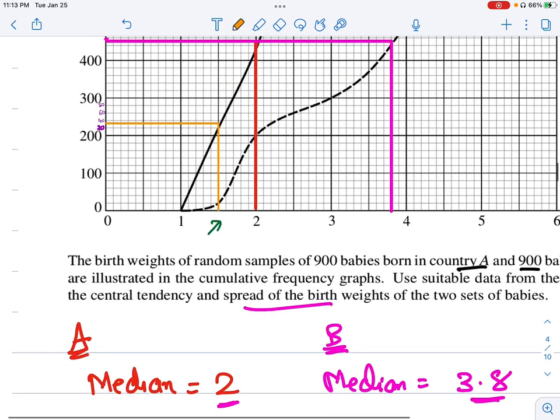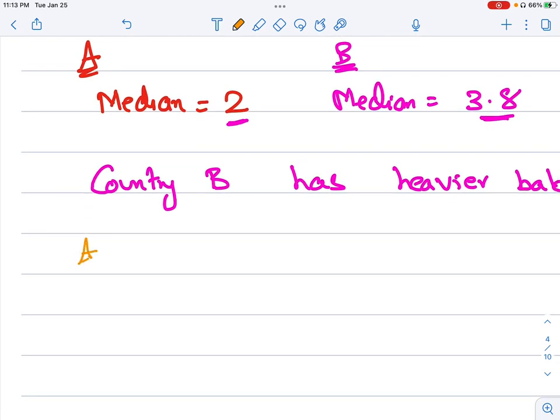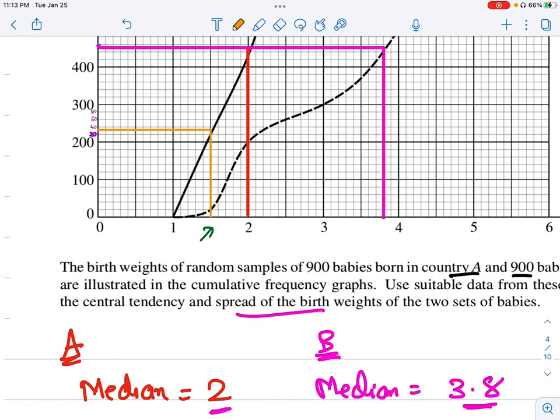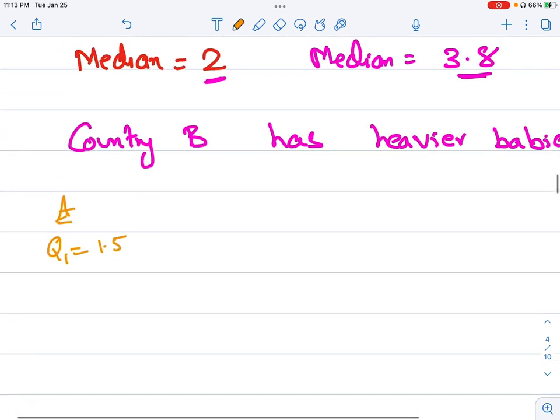I can see that it is 1.5 for country A. Q1 is equal to 1.5. Simultaneously, I can draw for country B also. Same line, drop it down. It should be 2.2. For country B, Q1 is equal to 2.2.